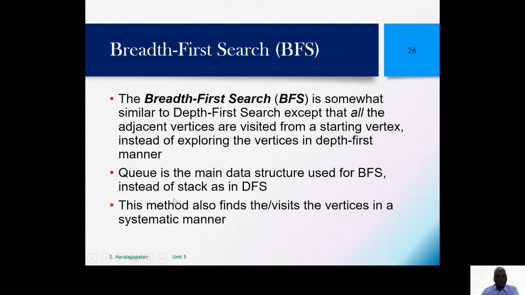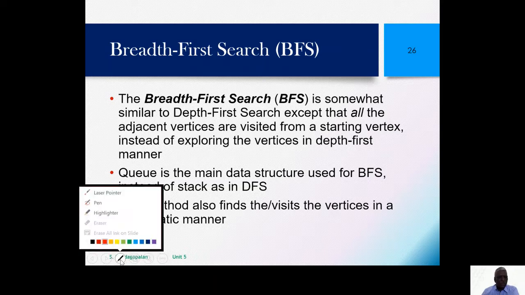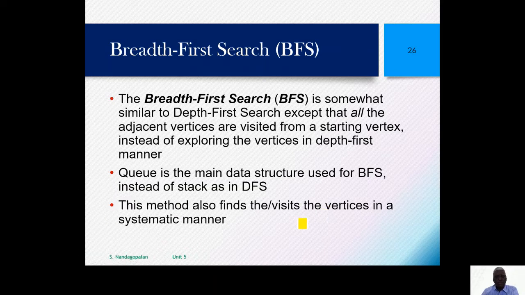Unlike the depth first search, where we used a stack as the main data structure for remembering the return addresses, in BFS we use a data structure called a queue, because we will be exploring all the adjacent vertices from a given vertex. So we need to remember all these vertices on a first come first served basis, for which a queue is an ideal data structure.